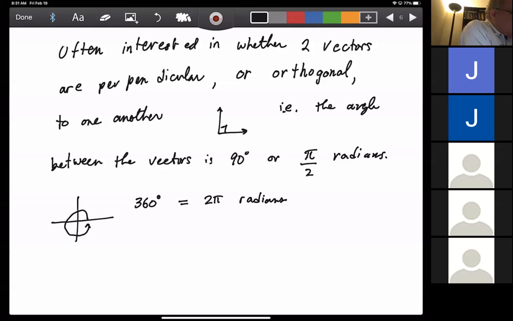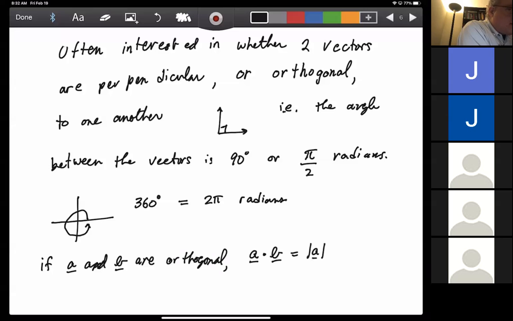So if our vectors A and B are orthogonal, let's think about what that means for the vectors. A dotted with B is the length of A times the length of B times the cosine of theta.